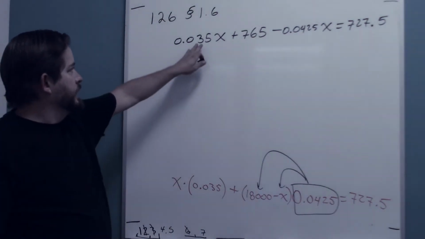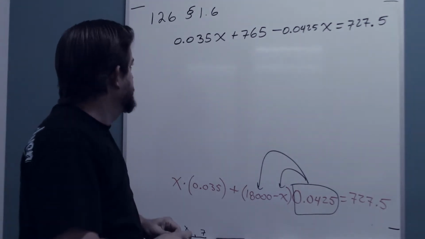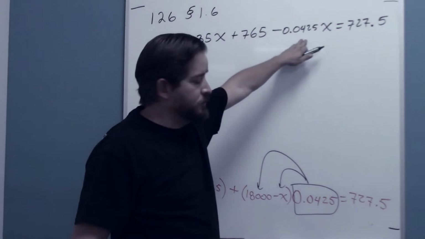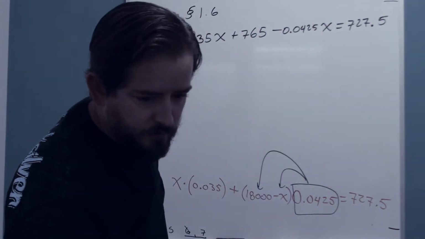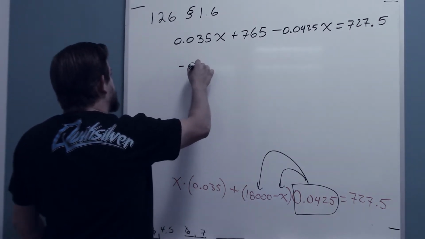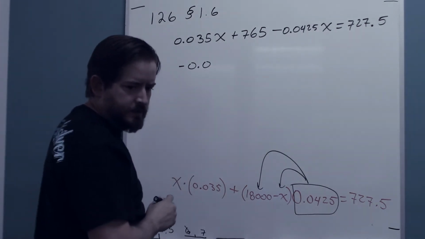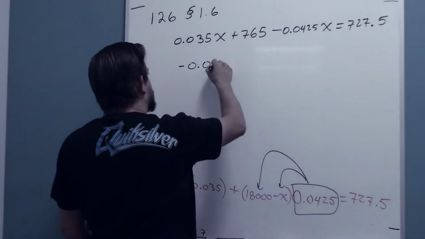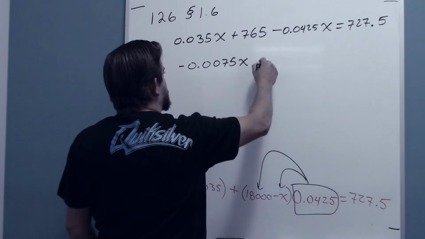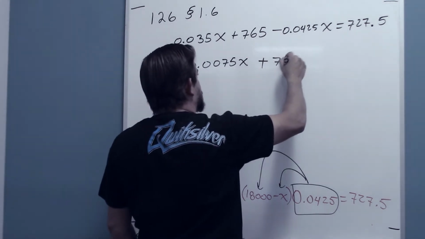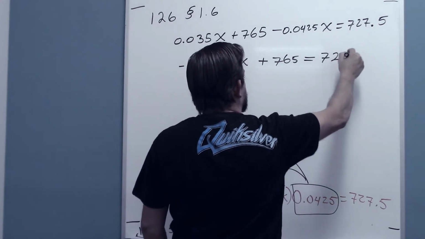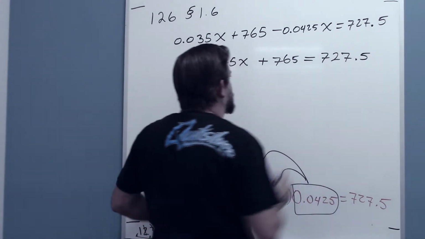I can combine like terms. I have negative 0.035x minus 0.0425x. That gives me a negative 0.0075x, still plus the 765, equals 727.5.